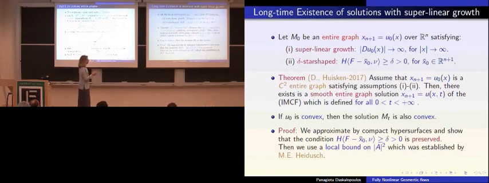So anyway, the first result has to do with initial data with superlinear growth at infinity. We are assuming that we have an entire graph so that u goes to infinity and Du goes to infinity.